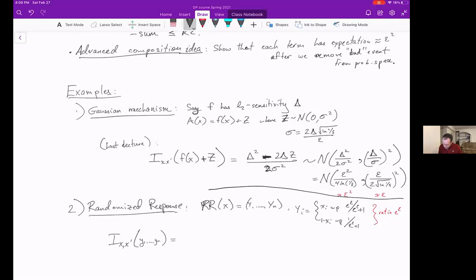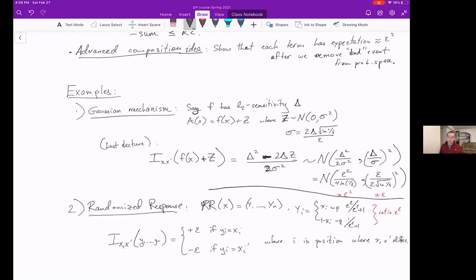And so the information loss will be equal to plus epsilon if yi is equal to xi, and minus epsilon if yi is equal to xi prime, where i is the position where x and x prime differ.